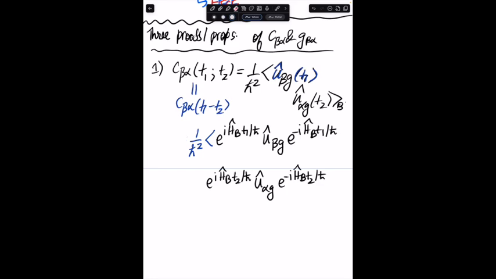Sorry, I would also like to go back to the trace notation, 1 upon h bar square, then the trace over your path states with your path equilibrium density operator.